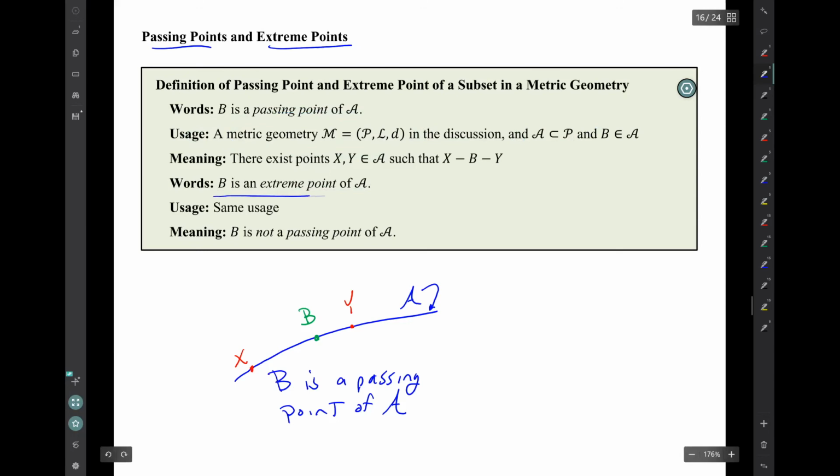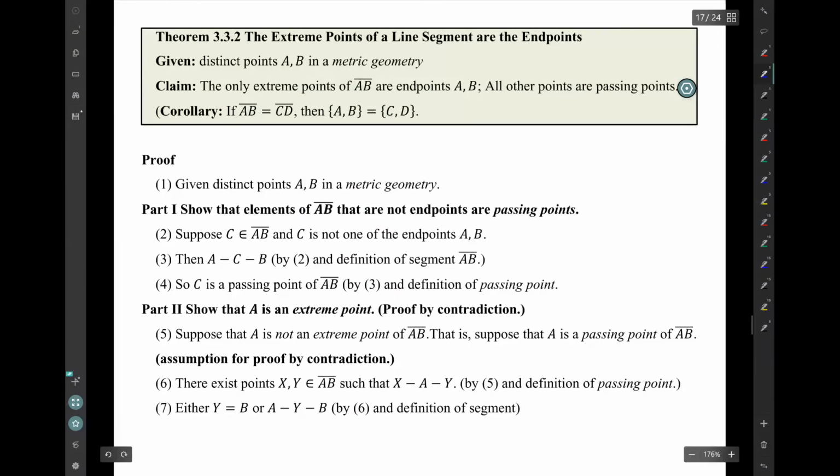What these words mean is that B is not a passing point. So here's a theorem. The extreme points of a line segment are the endpoints. So more precisely, given distinct points A and B in a metric geometry, the only extreme points of segment AB are the endpoints A and B. All other points are passing points.